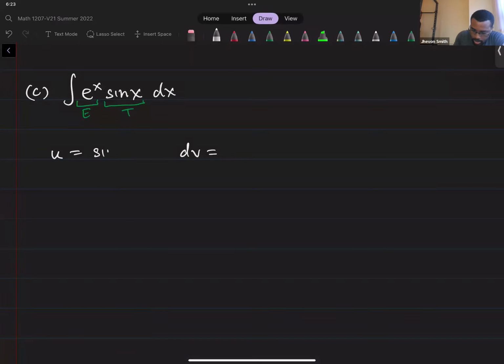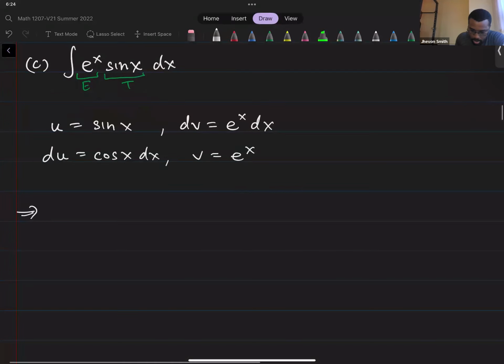So let's make this sine of x. This guy would be e to the x dx. So my du is going to be what? Cosine of x dx. And my v is just going to be e to the x.